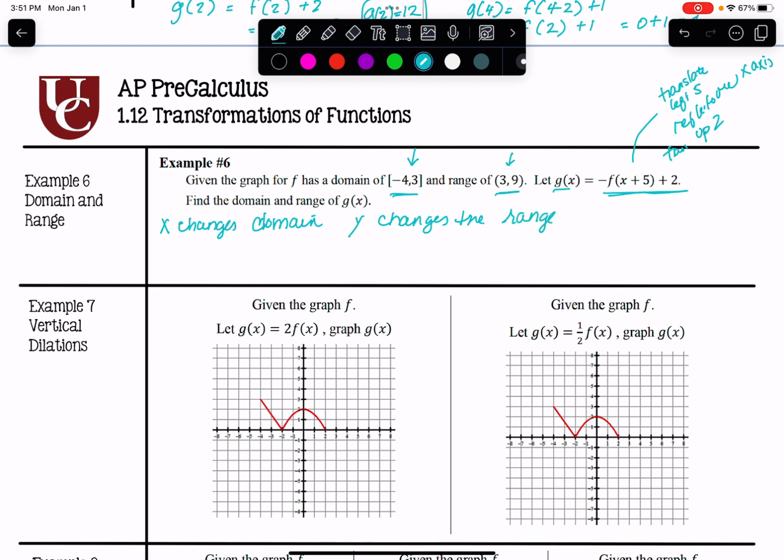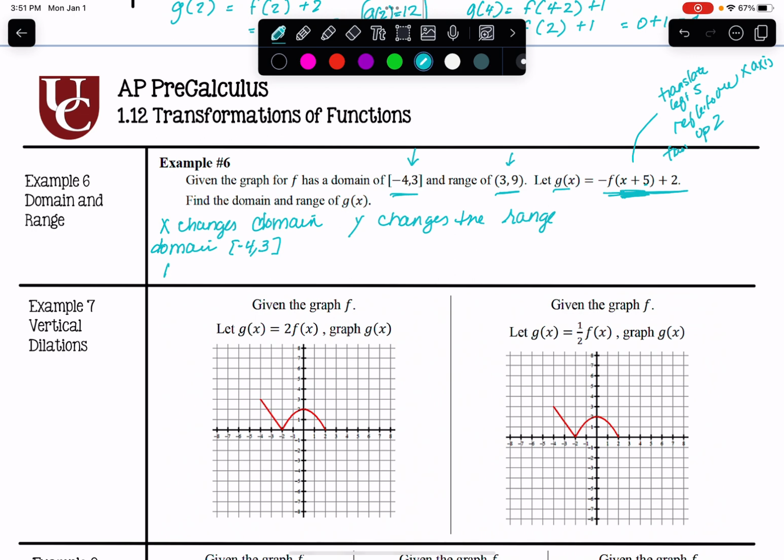Okay, so let's think of these transformations. If I start at the original domain, I had -4, 3. Now, the first thing that I said is it was translated left 5, which would affect the x. So the x value would be moved left 5, which is like subtracting 5.